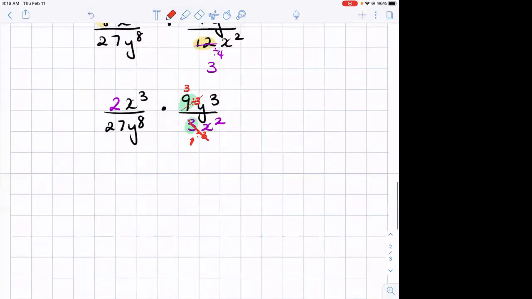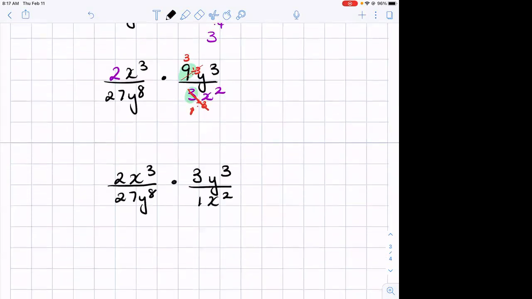So what do I have now? I have 2x cubed over 27y to the 8 times 3y cubed over 1x squared. And I'm not looking at the letters right now, only the numbers.